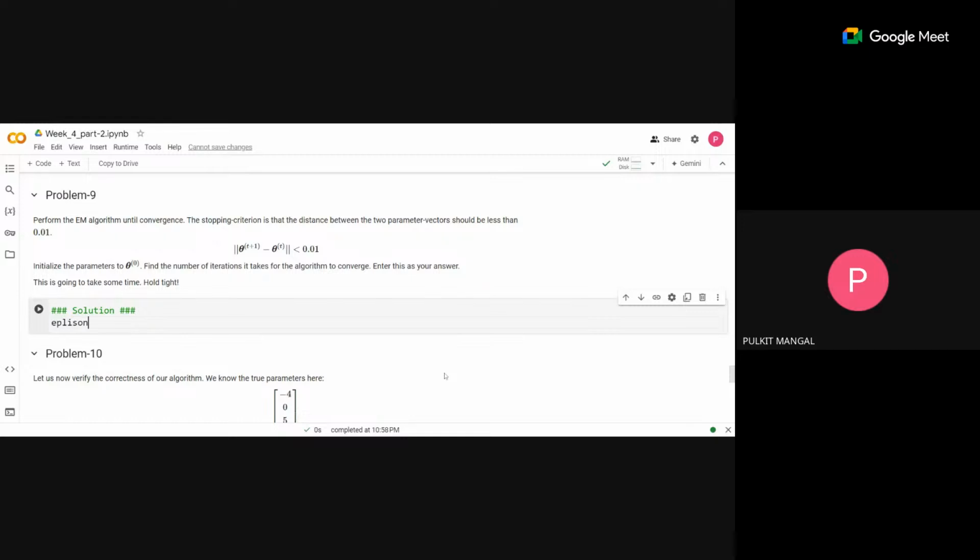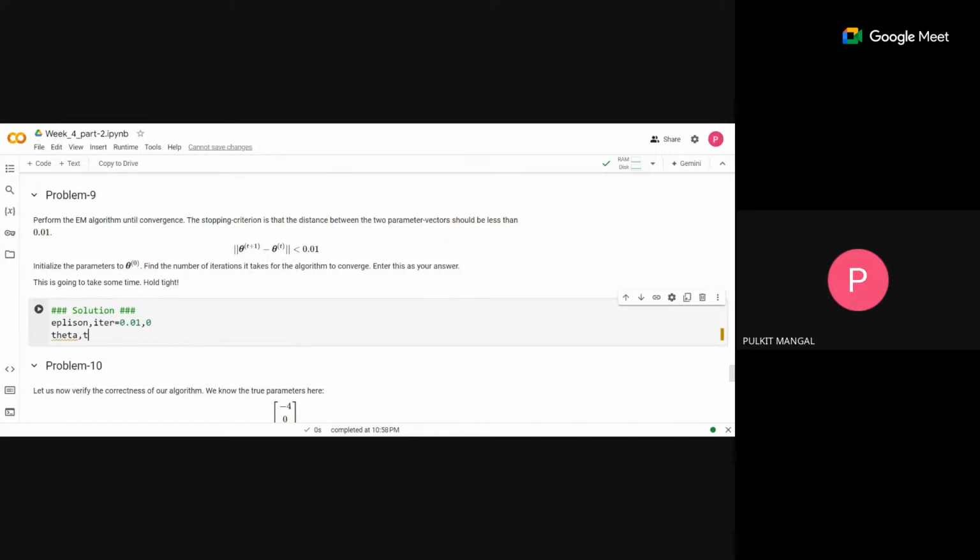So first I will define epsilon and iter to be some value: epsilon is 0.01 and iteration to be 0. Then I will define theta and theta previous.